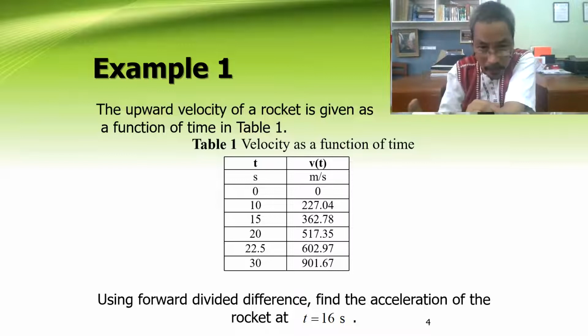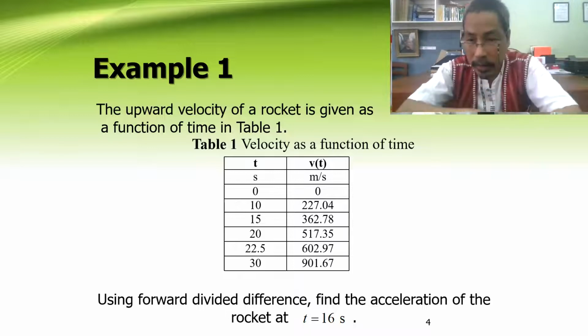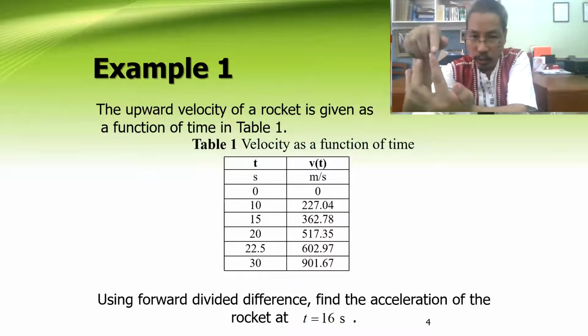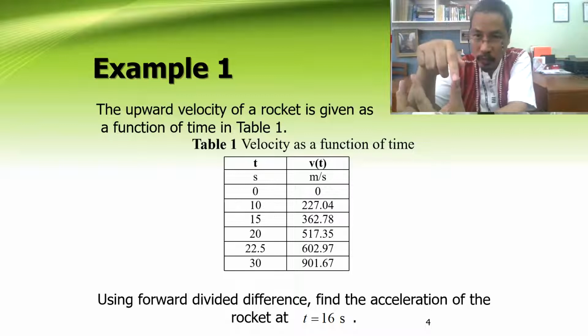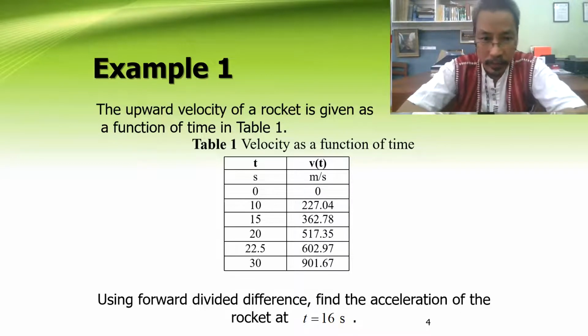If you ask me what the value of velocity at 17 seconds is, there are none. Only at 15 seconds, 20 seconds, and 22.5 seconds. That is the meaning of a discrete function.